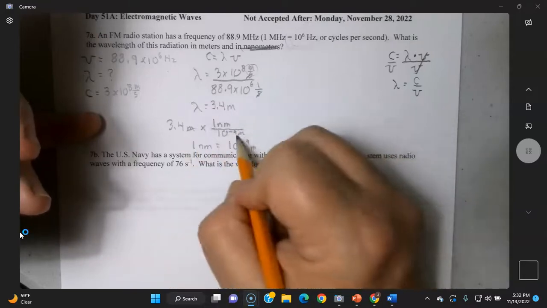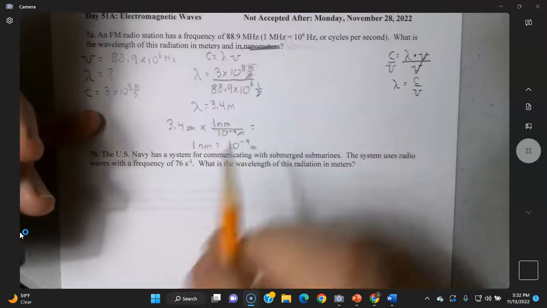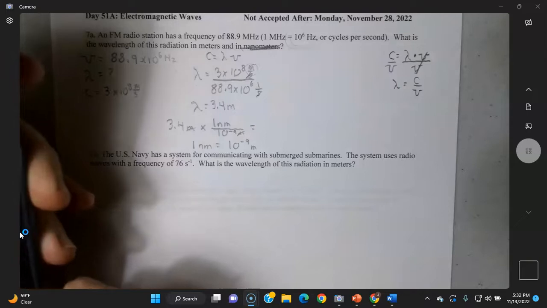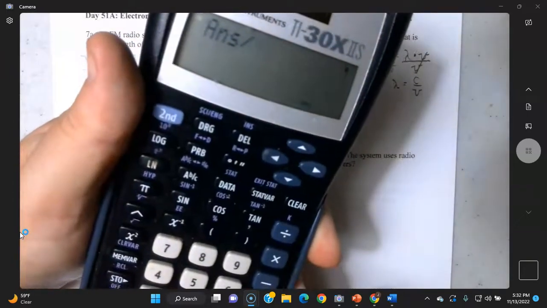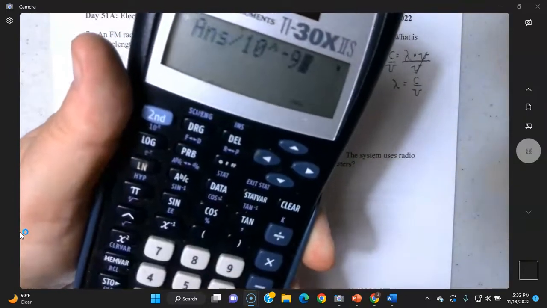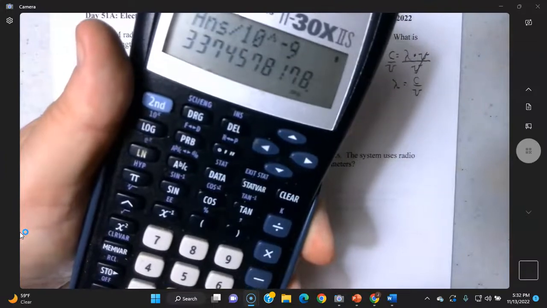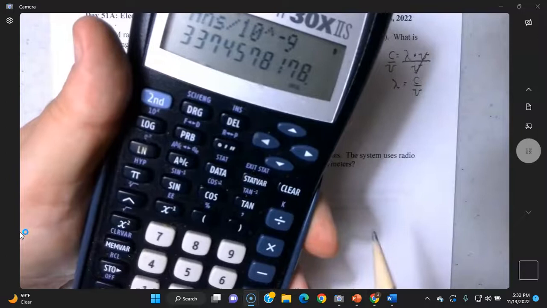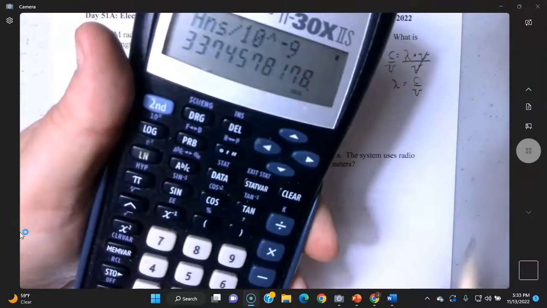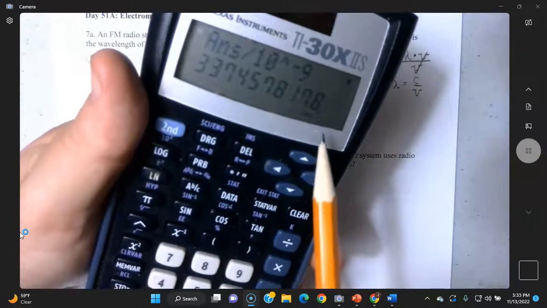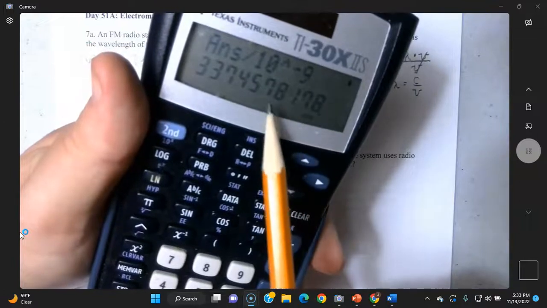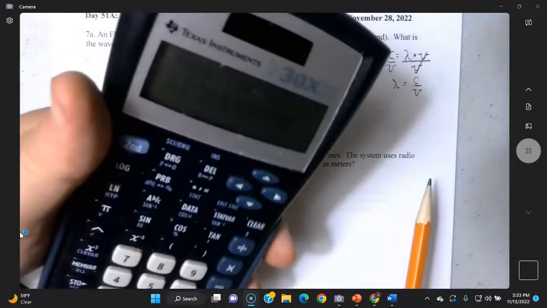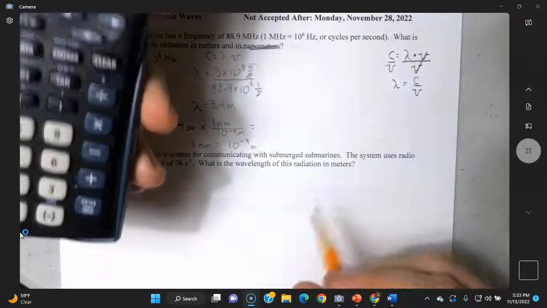So meters cancels with meters, and we end up with 3.4 divided by 10 caret negative 9, and that gives us 3.4 times 10 to the 9th. Okay, so that's going to be that many nanometers.